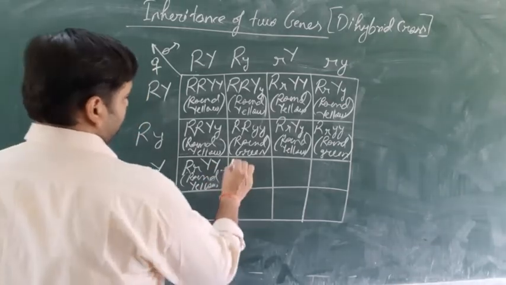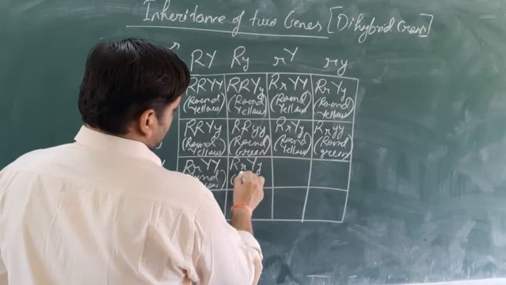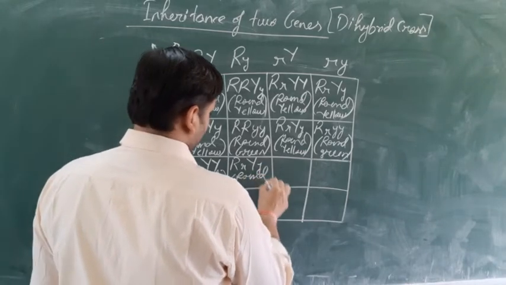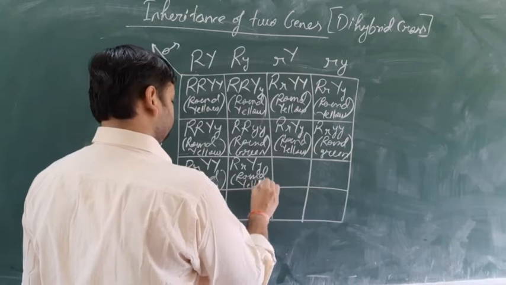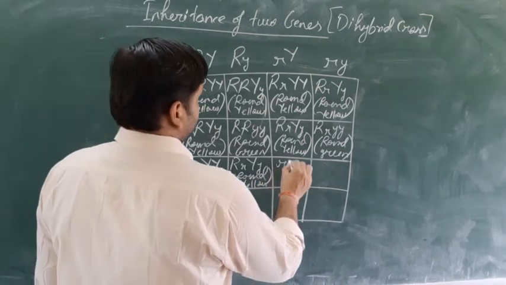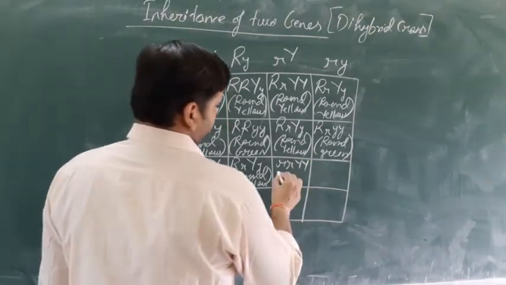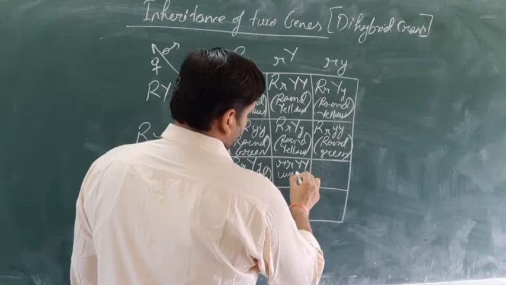Here capital R capital Y small y, round yellow. Small r capital Y. Here again a new character, wrinkled yellow.